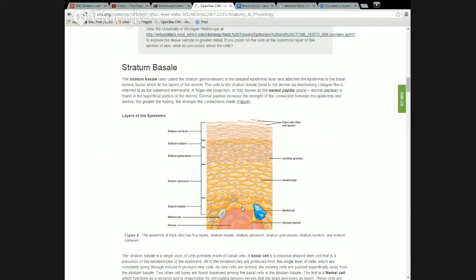As cells divide here at the base of the epidermis, the new cells push older and older cells up to higher and higher layers. Eventually, when we get to the top of the picture here, the apical part of this epidermis, that's where the cells finally slough off and we get rid of them.